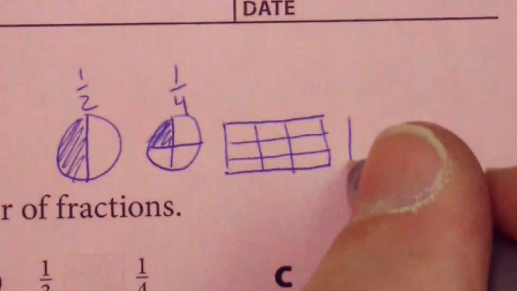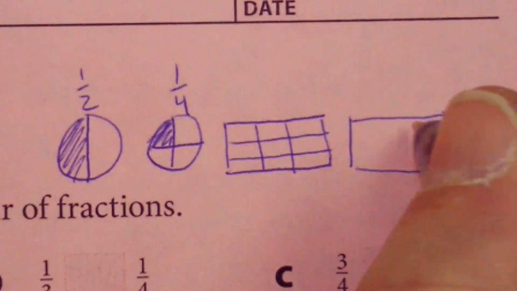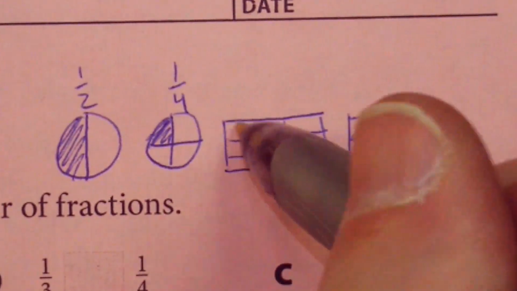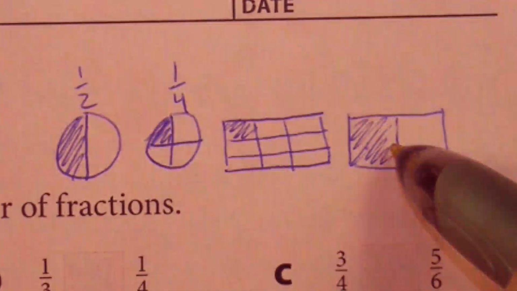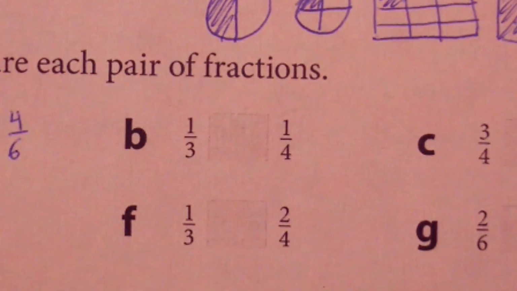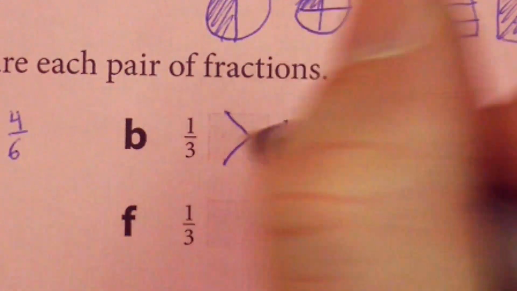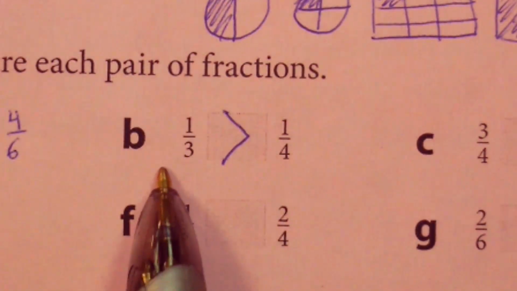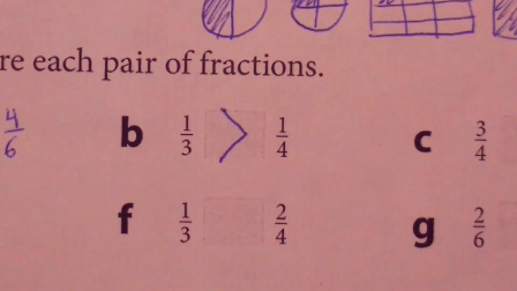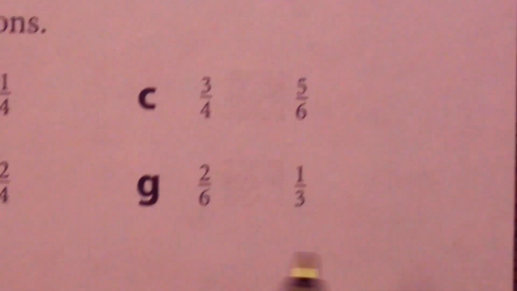But if I took the same candy bar and I divided it this way, well, you know that if you wanted a bigger piece of a candy bar, breaking it in half would be better than breaking it into 9 pieces. So if I look at here and I say which number's larger, it has to be the one with the smaller denominator. Because breaking something into 3 pieces, those are bigger than breaking something into 4 pieces.